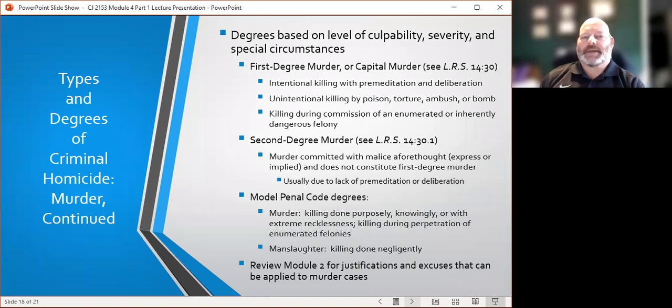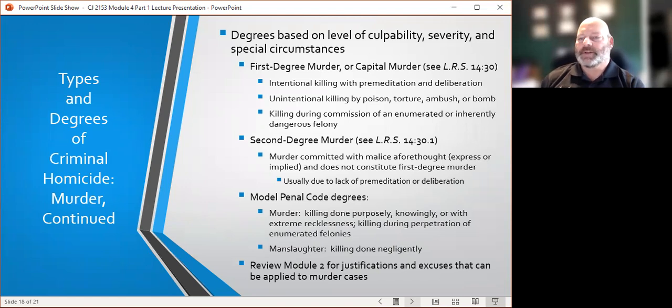Degrees of criminal homicide, degrees of murder, are based upon the level of the defendant's culpability, the severity of the act, and any other special circumstances. For example, first-degree murder, or what's known primarily as capital murder, is the intentional killing with premeditation and deliberation.